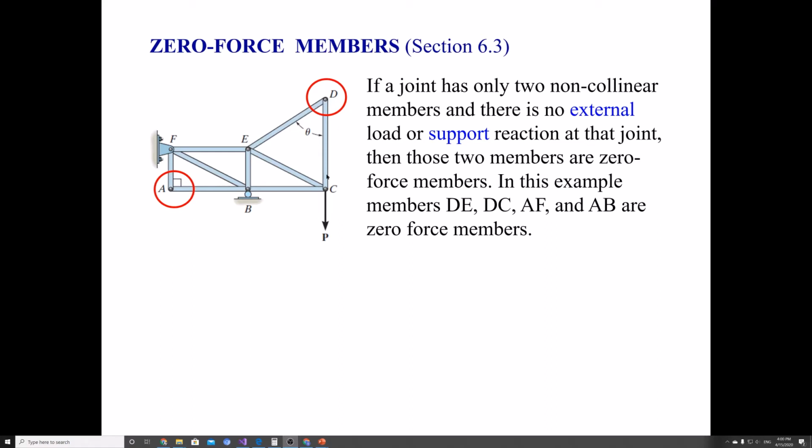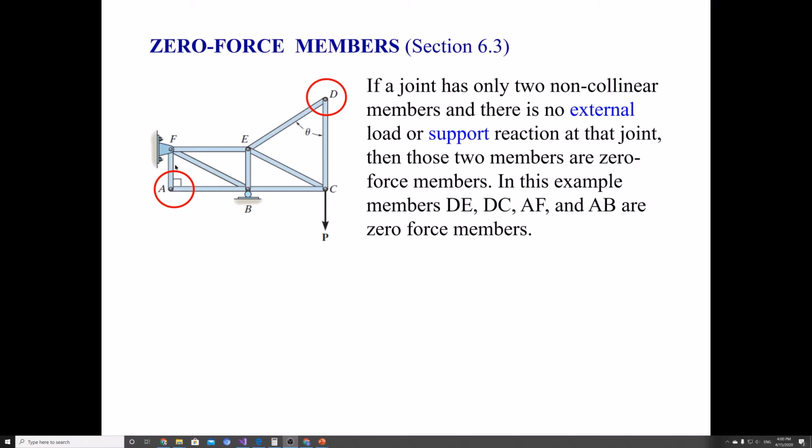If you look at this particular problem, this force is pulling down, but really it's all the y component of this that's under tension that's going to equal that at that point. This one, looking at this, you can say, oh yeah, this is zero. These are zero force members connected to that. So these two are zero force and these two are zero force.